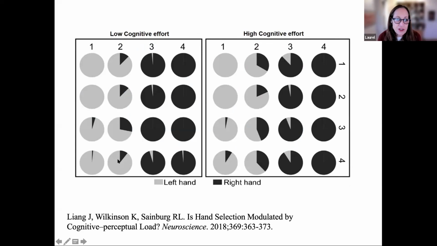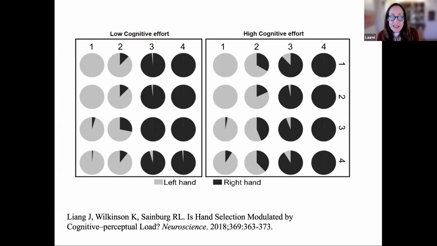So column 2 in the low effort condition, gray is the left hand and black is the right hand. And the right hand is dominant. And so column 2 is on the left, and on some trials they're reaching across with the right hand, the dominant hand, onto the left side.